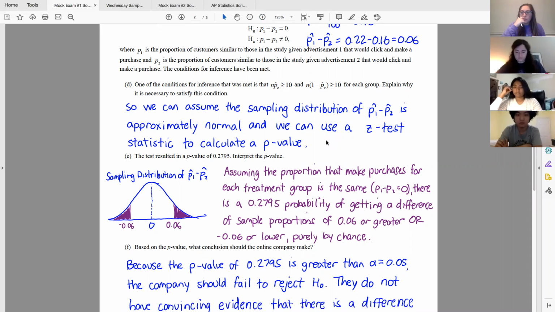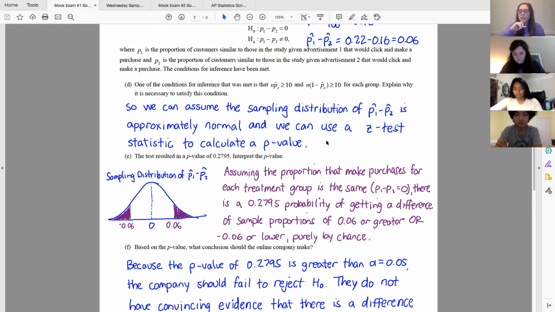If they do ask you to check the conditions on the AP test, I would just stick with doing all 4 of them. I don't know if they'll ask you to check conditions or not, but the reason they did it this way is that it is another option, using n p hat c. But we do it with all 4: p hat 1, p hat 2, 1 minus p hat 1, 1 minus p hat 2.